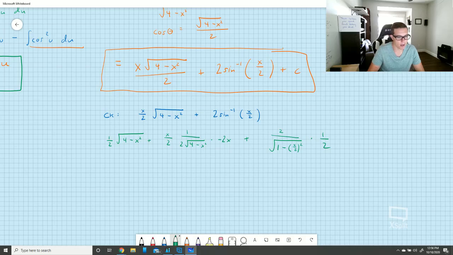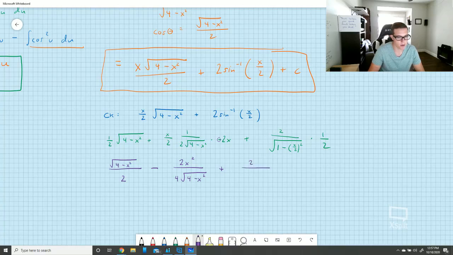Okay, how am I going to get all this to look nice? Well, first thing, I'm going to rewrite this as a fraction with the 2 on the bottom. I'm going to put my minus here, that minus. I'm going to put the 2x squared up top, and it looks like I have a 4 rad 4 minus x squared on the bottom, plus, I'm actually not going to cancel these 2's for a reason I'm going to get into in a second.